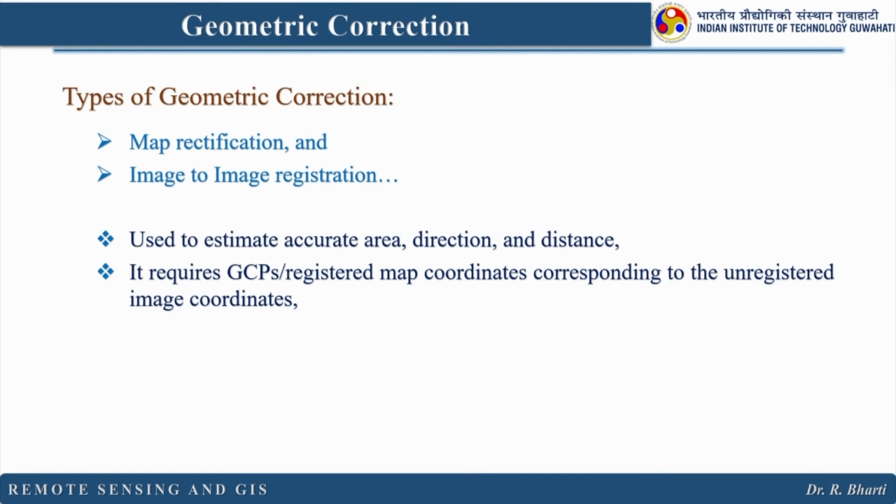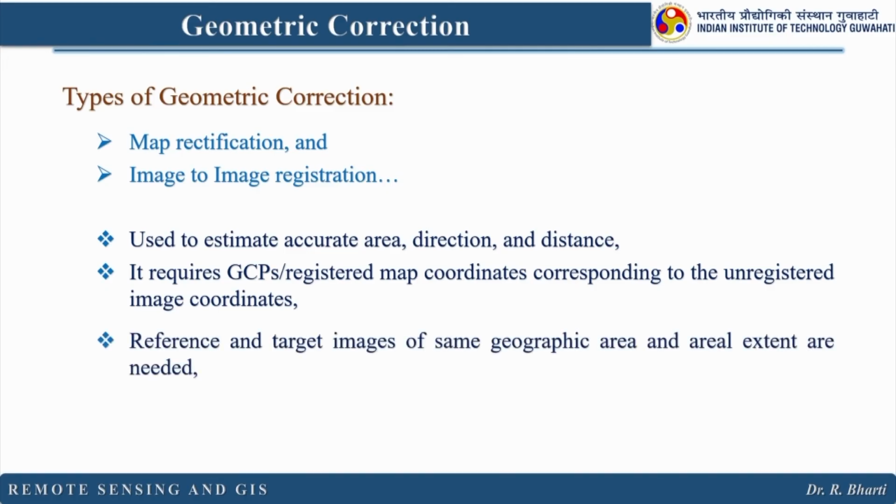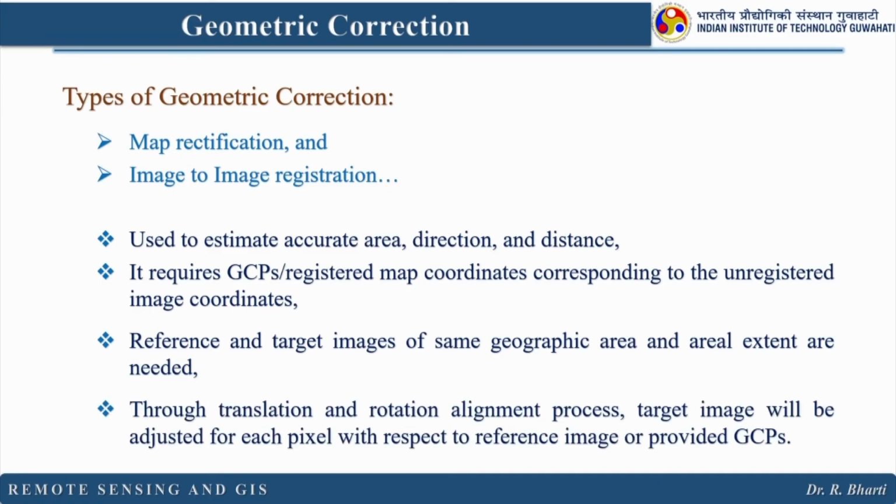Now, you have understood this. It requires GCP or registered map coordinates corresponding to the unregistered image coordinates. Reference and target image of the geographic area and aerial extent are needed. Through a translation and rotation alignment process, the target image will be adjusted for each pixel with respect to the reference image or provided GCP.